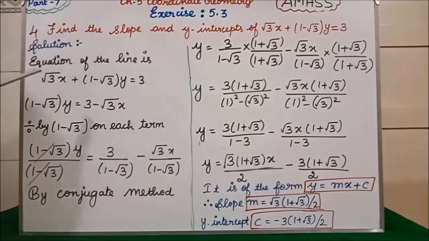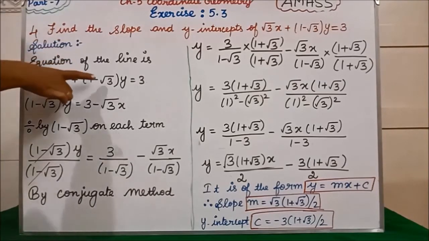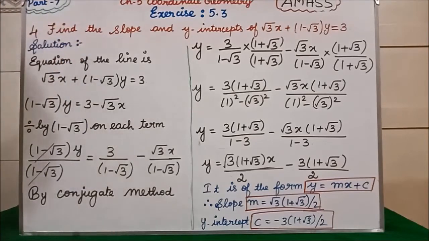Equation of the line: root 3 x plus 1 minus root 3 into y equals 3. This is our question. I have told you before, in the second problem, whenever they have given an equation and they are asking us to find the slope or intercept, which formula do you have to use? Y equals mx plus c form.